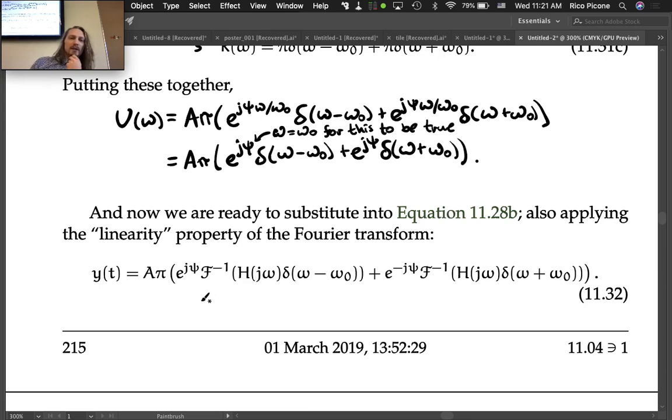And we also use the fact that if you take the Fourier transform or inverse Fourier transform of a sum, you can take the sum of the Fourier transforms, right? So I do that here. We've got our e to the j psi, e to the negative j psi that pop out. Oh, I dropped a negative sign. There was a negative sign in this one.